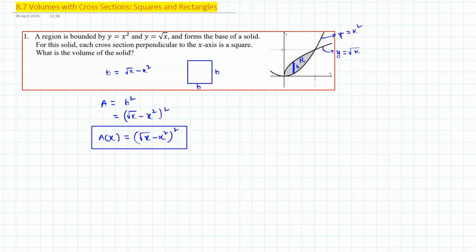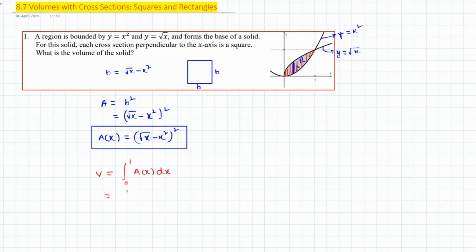To find the volume, we have to accumulate all these squares from this point to this point, that is x equal to 0 to x equal to 1. So the volume V equals the integral from 0 to 1 of A of x dx.